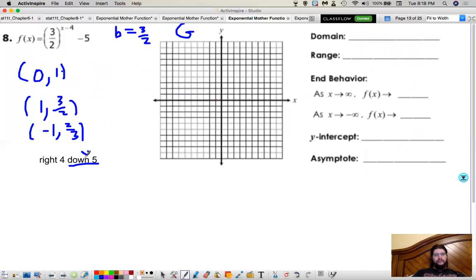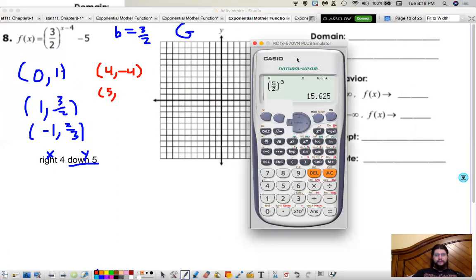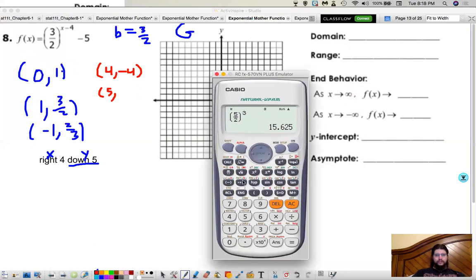This would manipulate the y's, this would manipulate the x's. So let's see what would happen. It's really easy if it's only shifts. I add 4 for the x, I subtract 5 for the y. So let's see what my transformed points should be. 0 plus 4 is 4. 1 minus 5 is -4. That should be 5. Let's see, use a calculator if you need to. 3/2 minus 5 is -7/2.